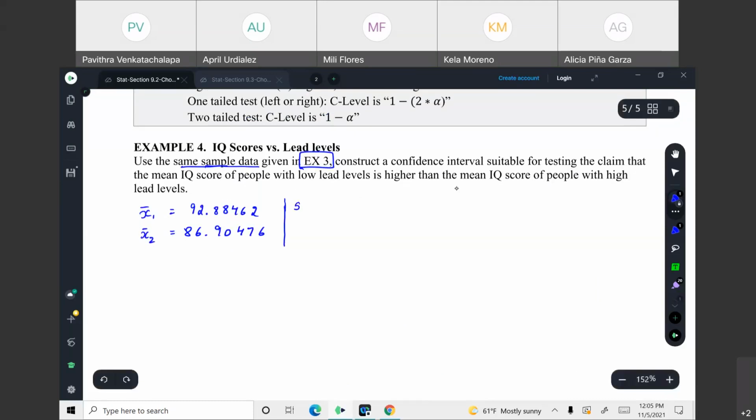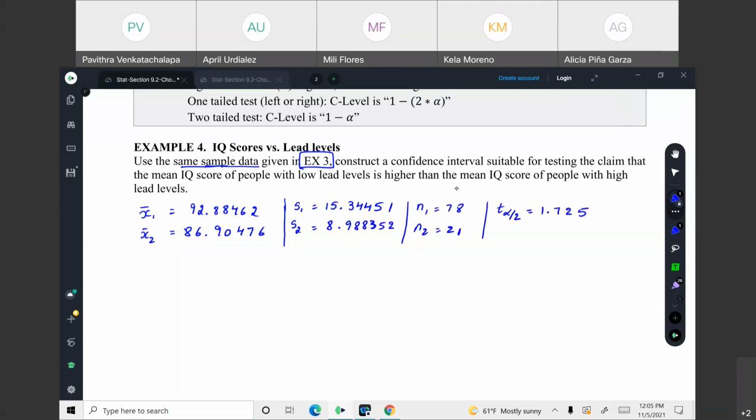S1 is equal to 15.34451. S2 is equal to 8.988352. N1 equal to 78, N2 equal to 21. We also calculated t alpha by 2 in the previous example, and that is 1.725.